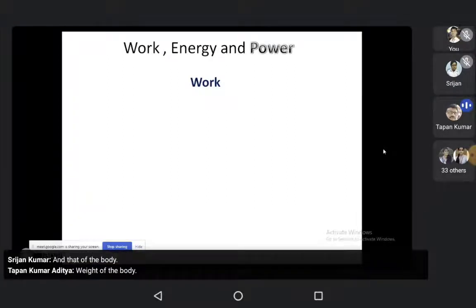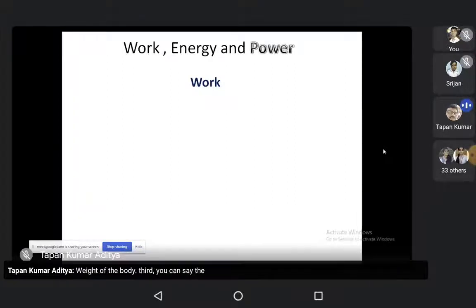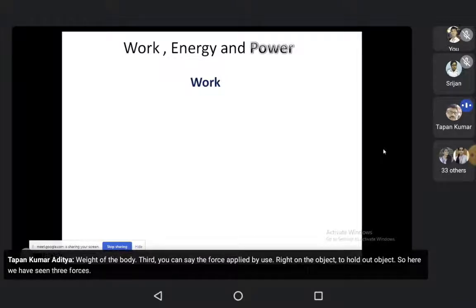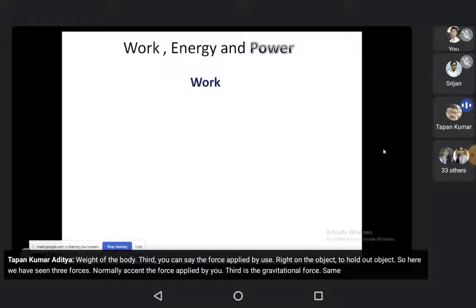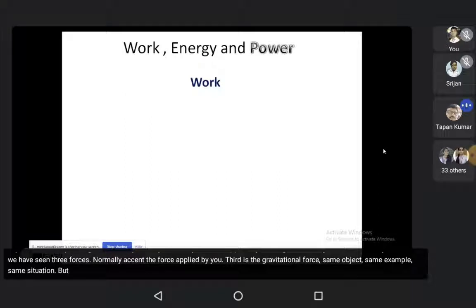And third, the force applied by you on the object to hold it. So here we have seen three forces: normal reaction, the force applied by you, and the gravitational force. Same object, same example, same situation, but work done by these different forces may be different.